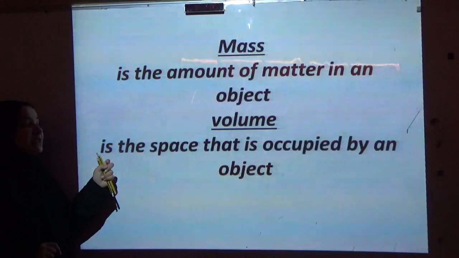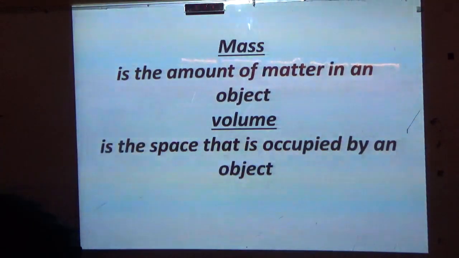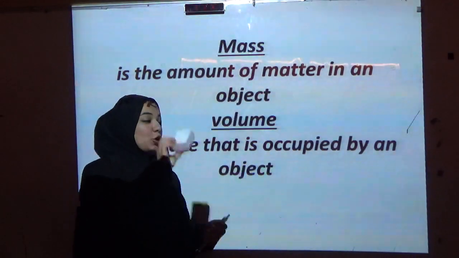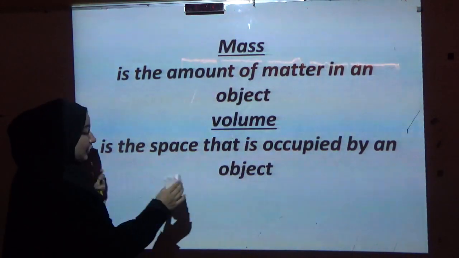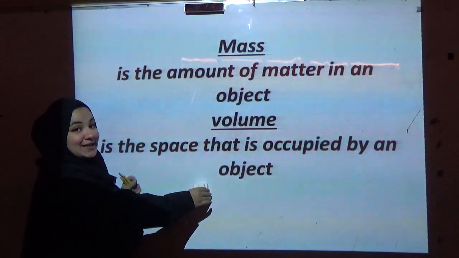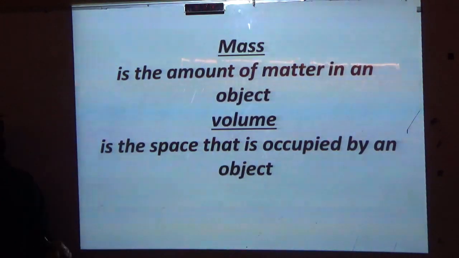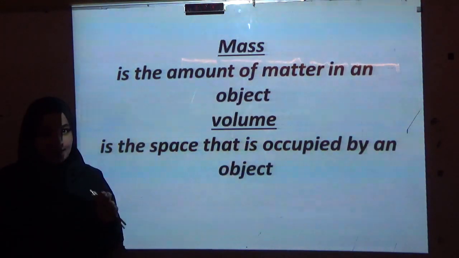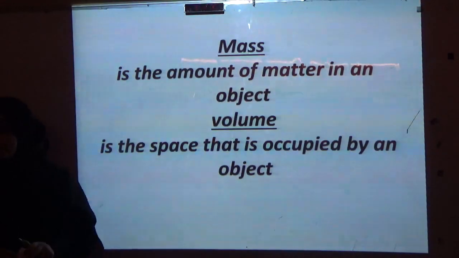The volume is the space that is occupied by an object. Here in front of this board, I have a space. When I put this box, it occupies a certain space. So this is the volume. These are the three important definitions in matter.